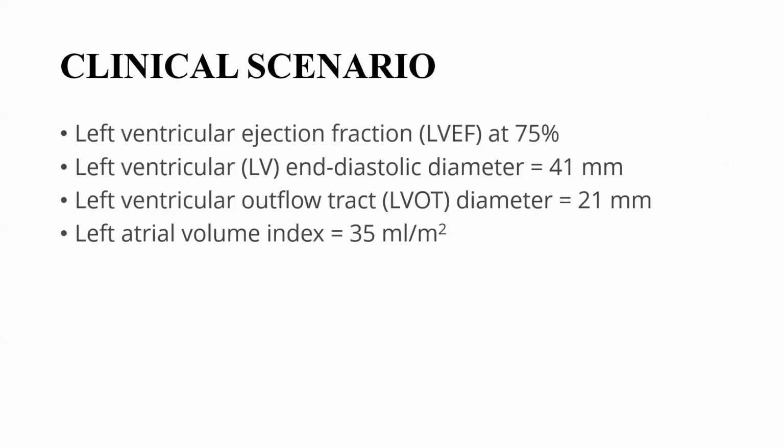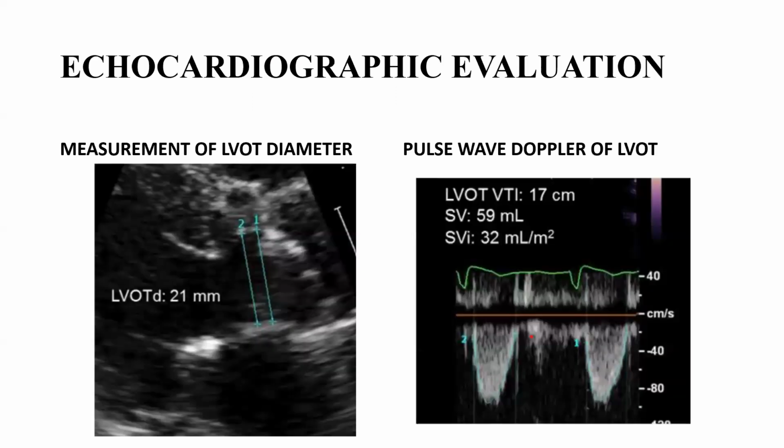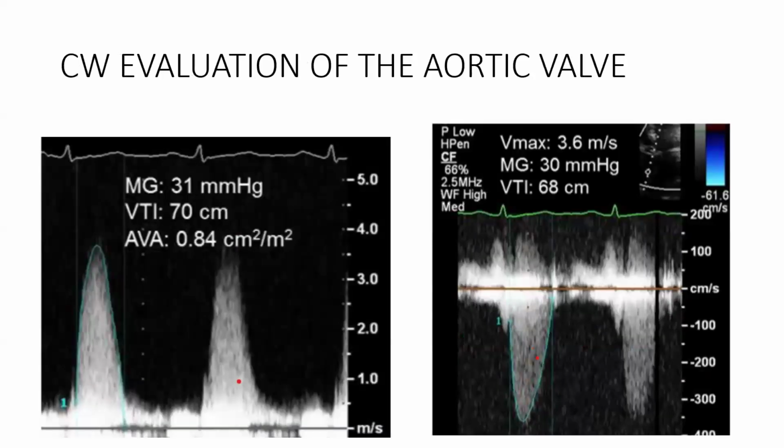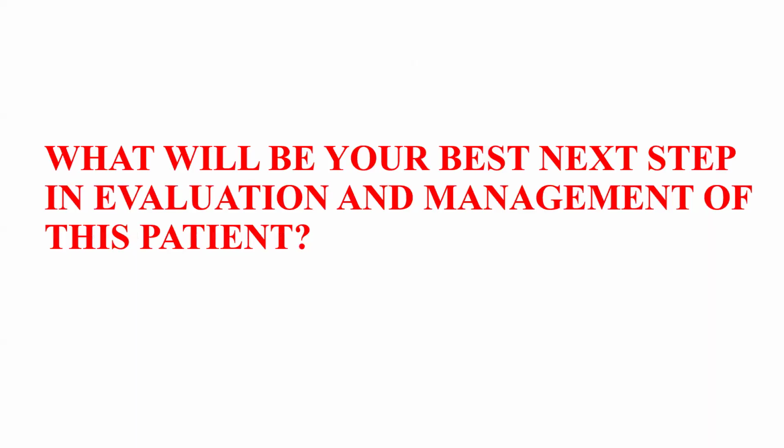LVOT 2.1, left atrial volume index 35, grade 2 diastolic dysfunction. You do a transthoracic echo. The stroke volume index is 32 ml per meter squared. Your aortic valve area is 0.84, and your mean gradient is 30. What will be your next step in evaluating these patients? So let's make it interactive so that we don't spend much time, so that you can have the remaining time for the day.